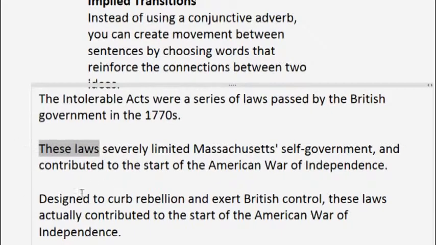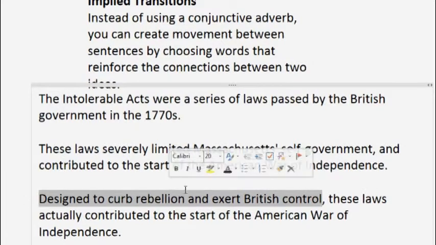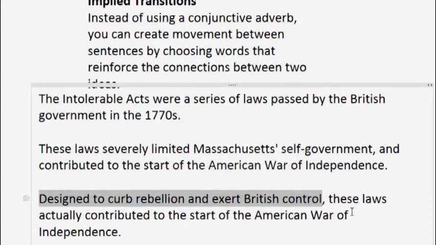Now, I've decided to do something very similar here, right? I'm relying on the second example, that same phrase, "these laws," but you can see how I've added a phrase before it, which defines those laws even further. But because I still have this phrase here, "these laws," the connection to the last sentence is still strong.